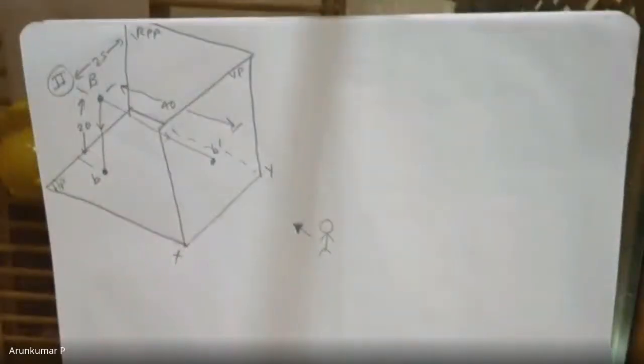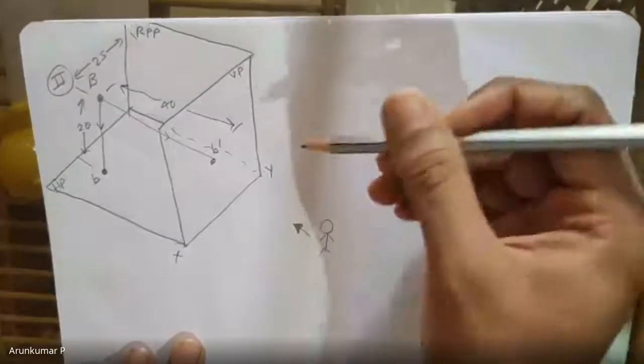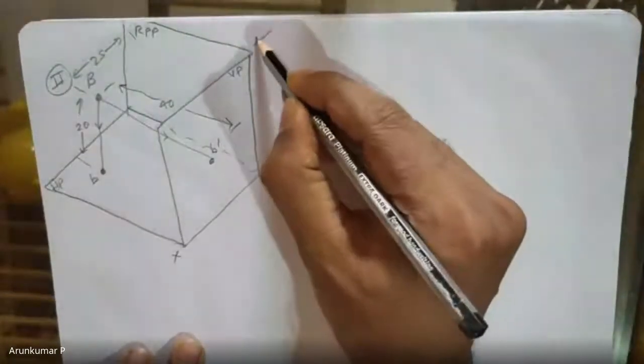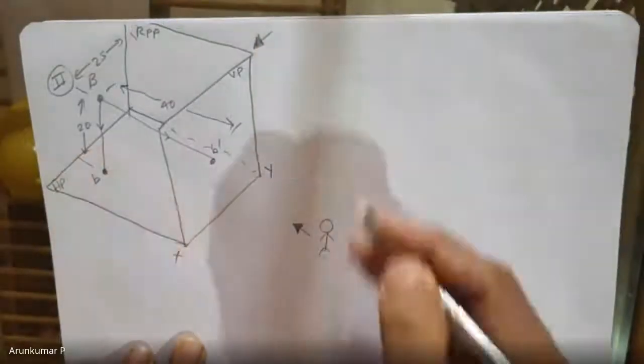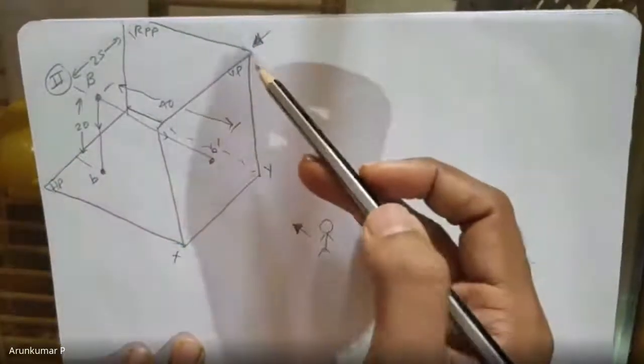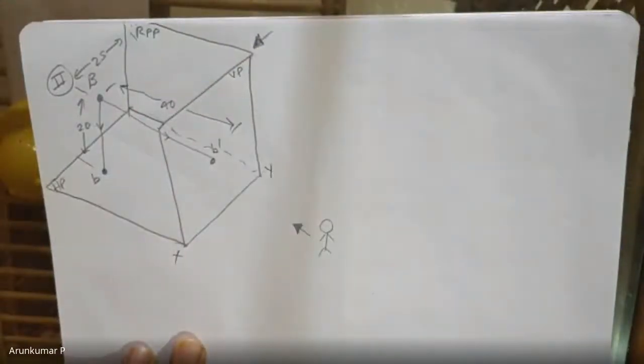Okay. Here the things are a bit different. See, when you're dealing with the second or the third quadrant, you should move to the right. You should move to the right if you want to get the view on the right profile plane. This is the difference.